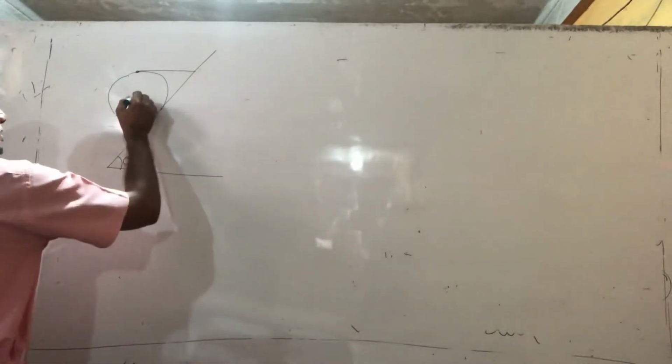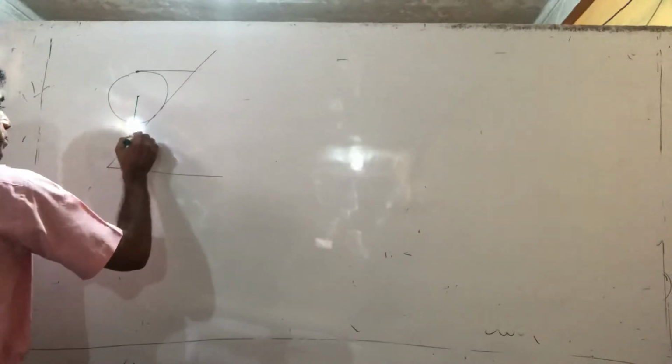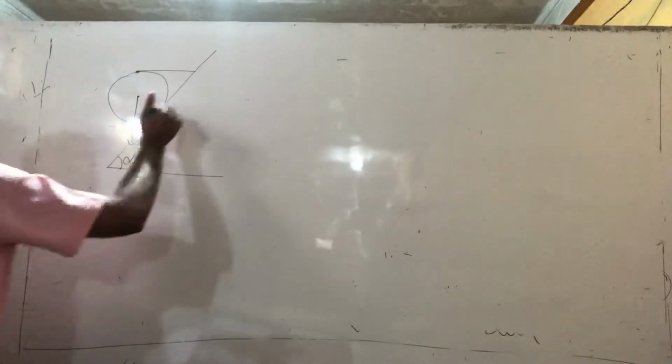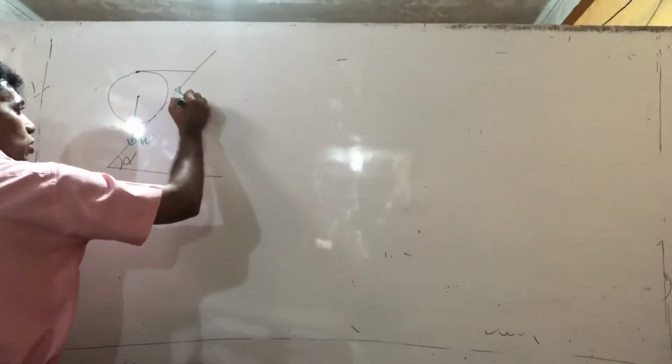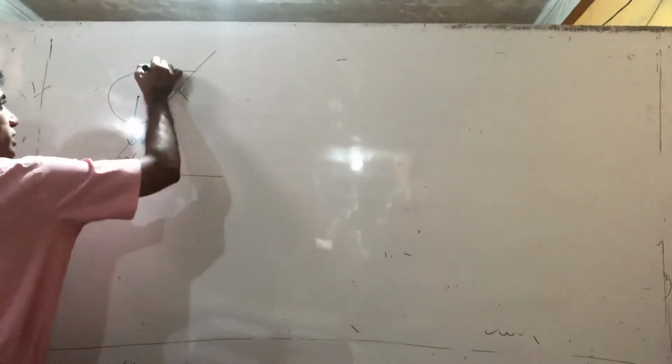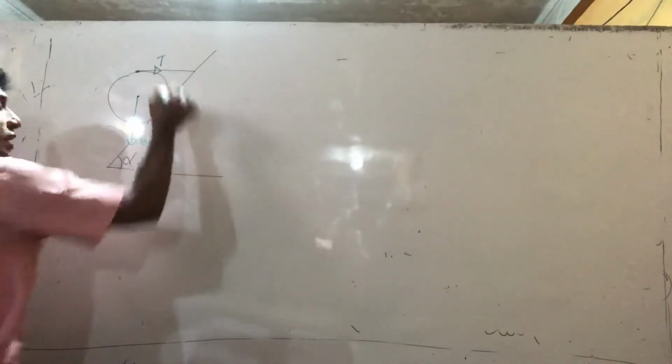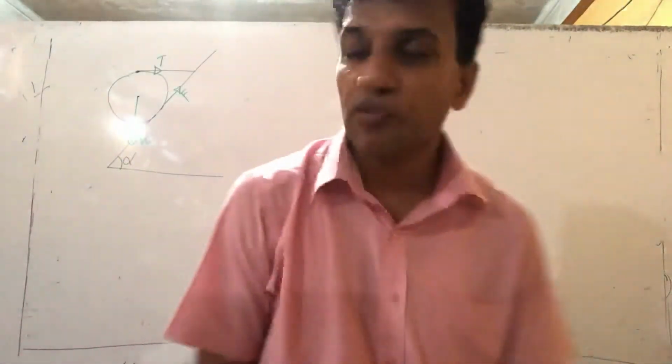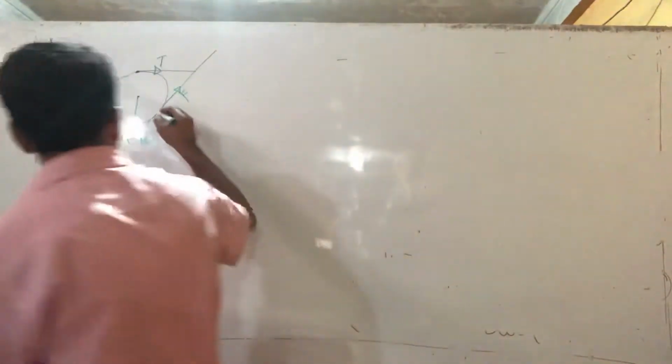You know the weight is always W. It will roll down. Therefore, friction acts opposite to that. And here a tension force. I am showing the equilibrium of the sphere, right? And the reaction force.